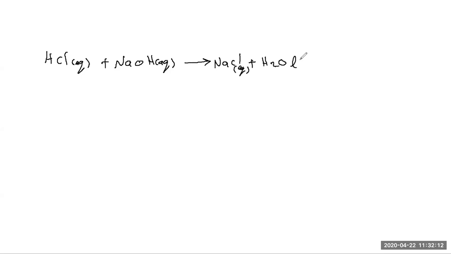Let's say we have HCl solution plus NaOH solution. We will get NaCl plus H2O. This is the solution.